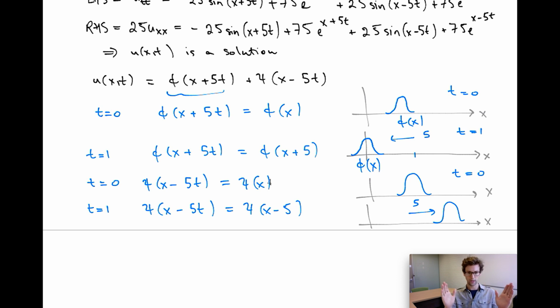You can imagine I drop a stone in, that causes some sort of deformation, and then that deformation is going to move apart from the center, just like a pebble being thrown into a pond. So D'Alembert's solution is a solution that involves 2 traveling waves moving in opposite directions with the same speed.